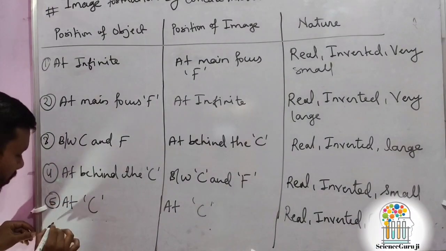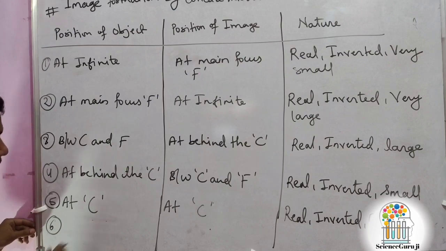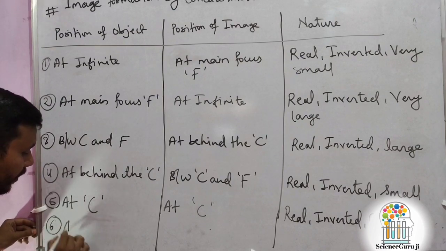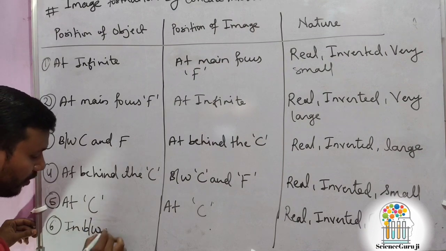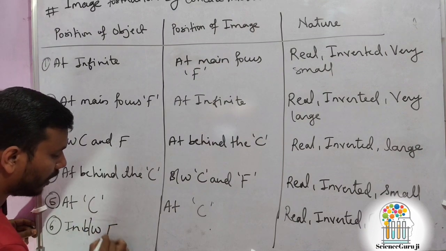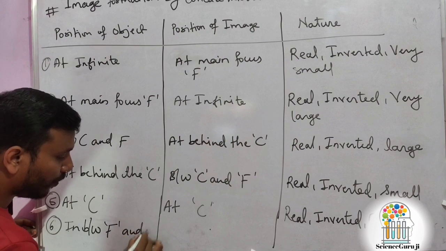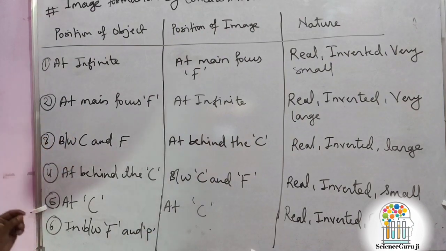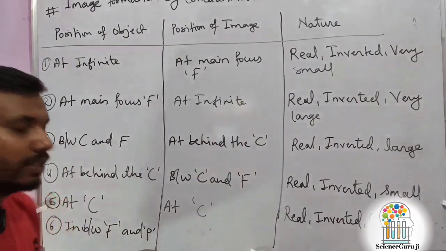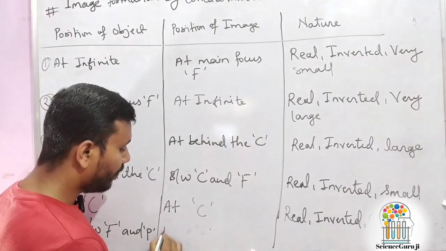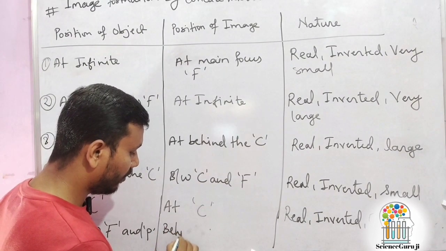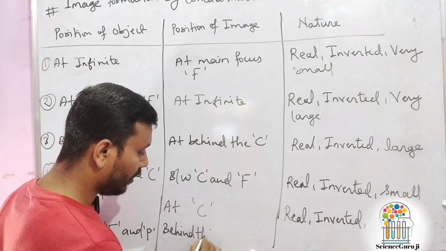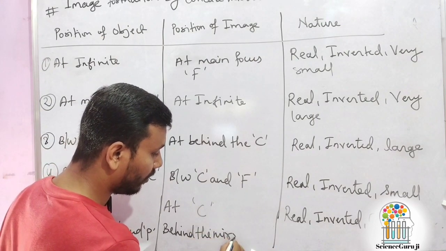Last one is, if we place the object in between the focus and pole, then the image forming is a virtual image. It means it forms behind the mirror.